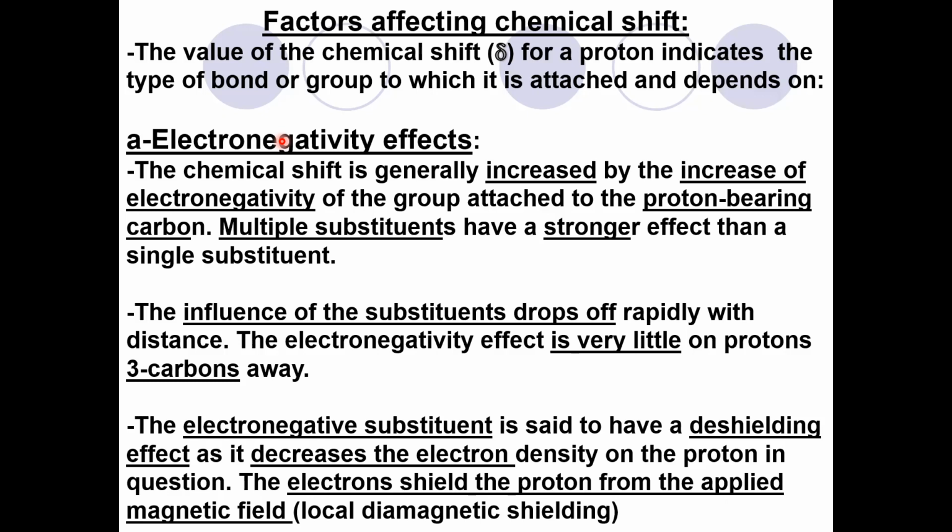Therefore, the presence of an electronegative substituent on the carbon bearing the proton will cause de-shielding of these proton signals. Multiple substituents will have a stronger effect than one substituent. However, the effect of a substituent rapidly decreases with distance. It is not observed for more than 3 carbons away from the proton.